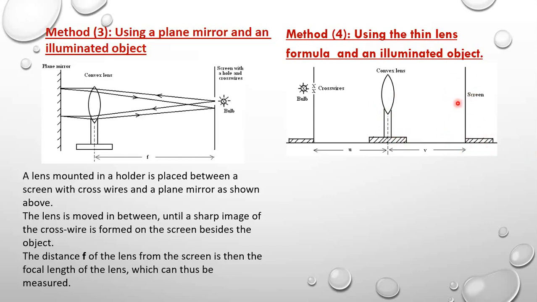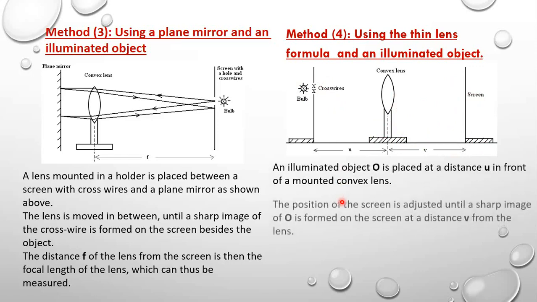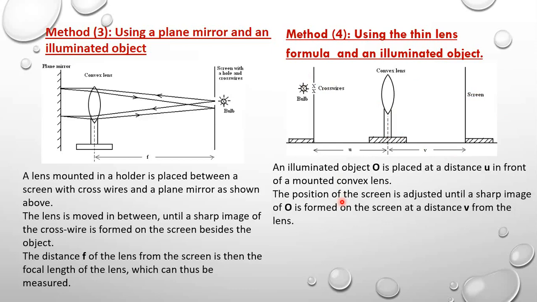And then we shall adjust the position of the screen until a sharp image of the cross wire is formed on the screen. And when we have got that position of the image, we shall measure the distance from the screen up to the convex lens, and that distance v will be recorded.